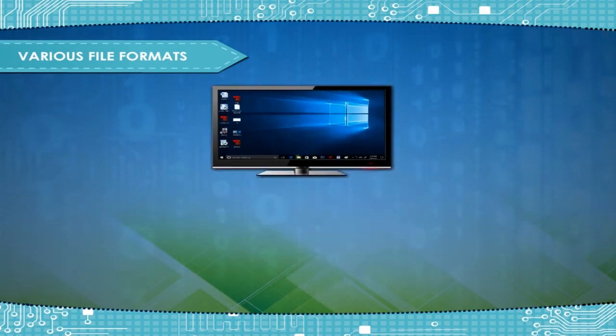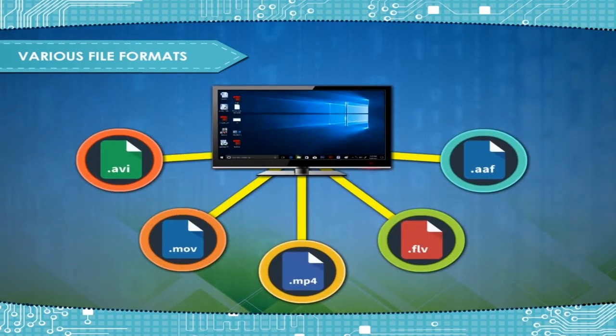A particular file format is often indicated as part of a file's name by a file name extension, suffix. There are as many different file formats as there are different programs to process the files.